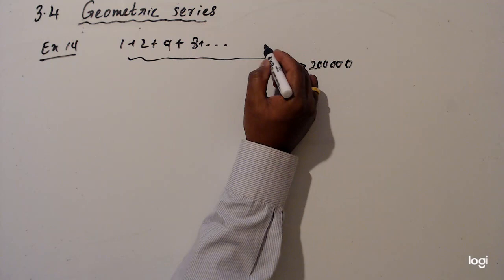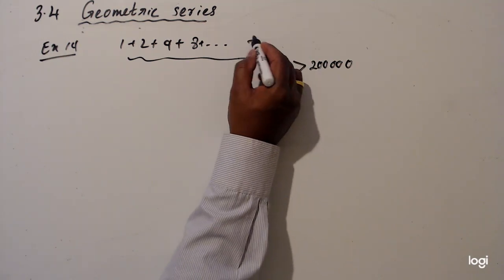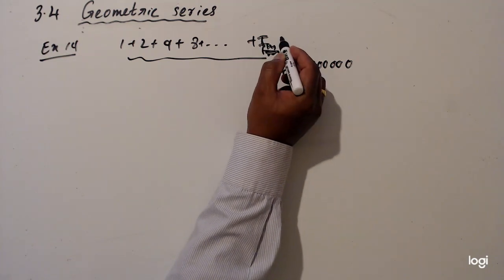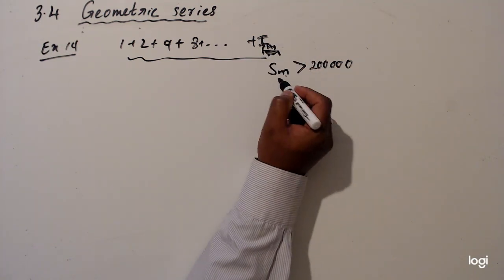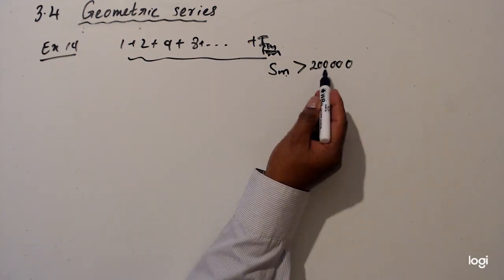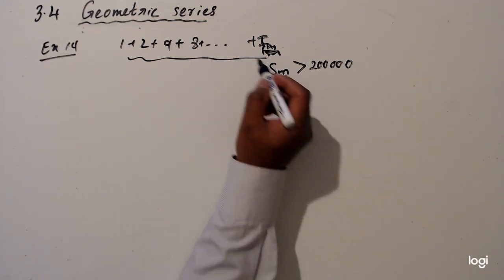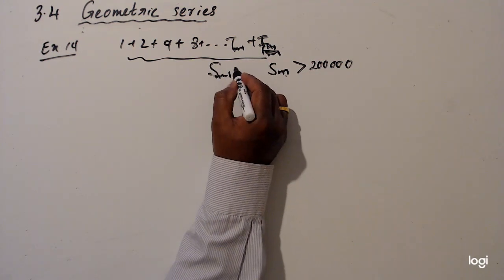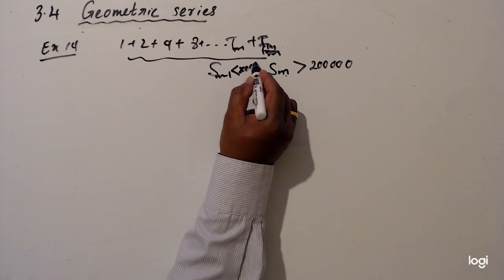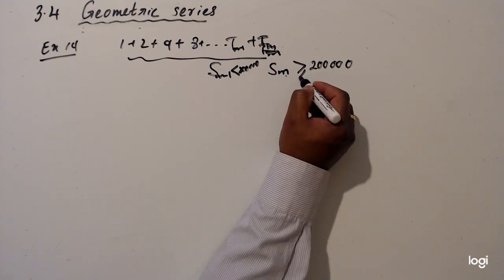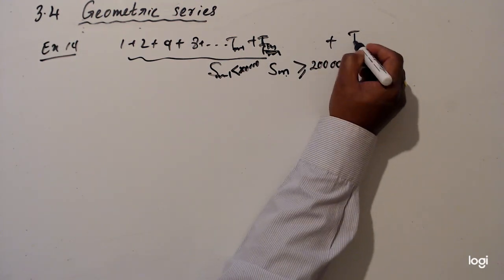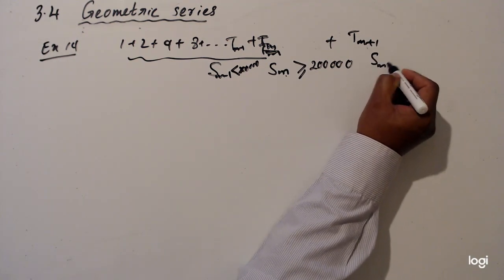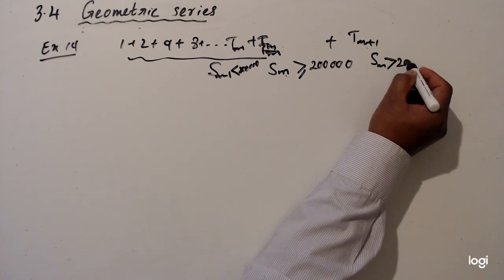Let's say this is the Tm term. When you get the addition up to this term, it exceeds. If you get the addition up to the term before Tm, it will not exceed; it is less than 200,000. Then Sm is definitely greater than 200,000.